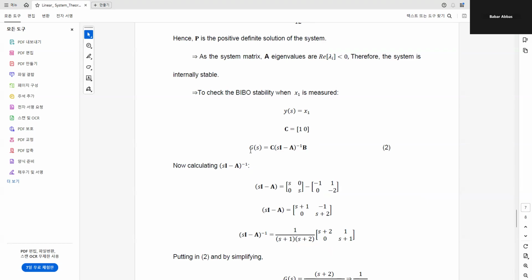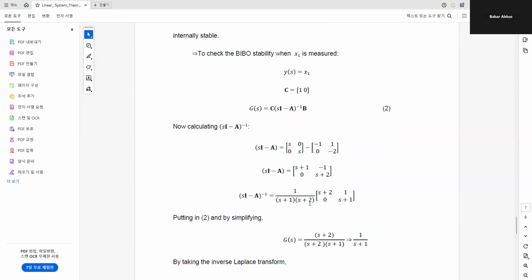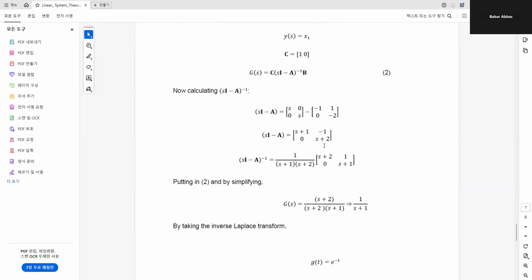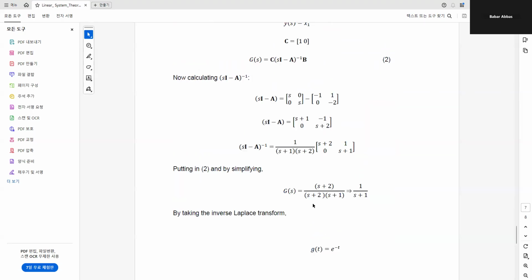The transfer function G(s) equals Y(s) divided by U(s), which is C (sI minus A) inverse B. Calculating (sI minus A) inverse gives 1 over s plus 1 and 1 over s plus 2. Plugging the values of the C and B matrices into equation 2, G(s) comes out to be (s plus 2) over (s plus 2)(s plus 1).